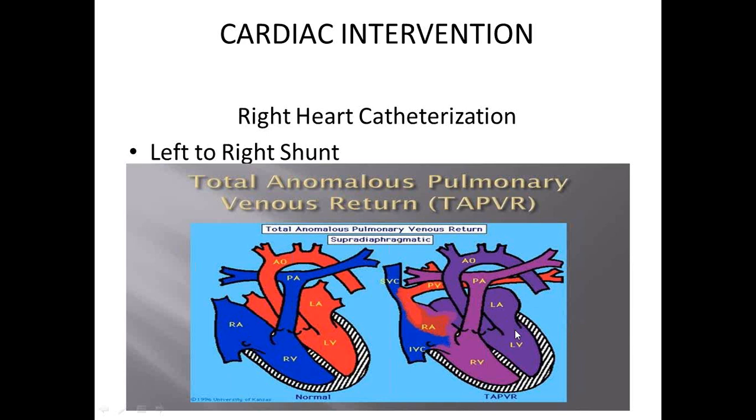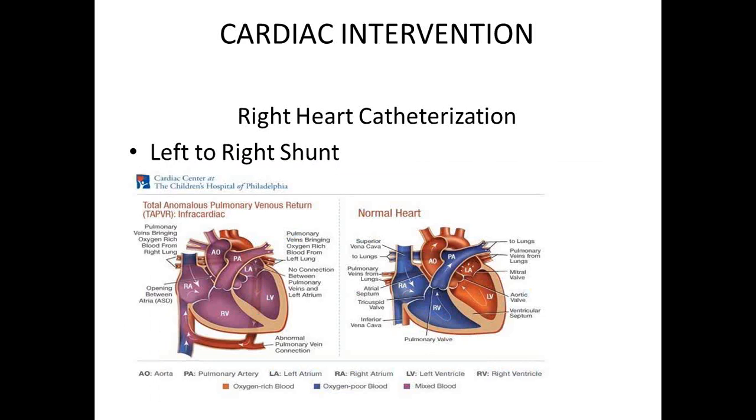But you can have partial anomalous pulmonary venous return, where probably just 1 or 2 of the pulmonary veins drain into the right atrium.